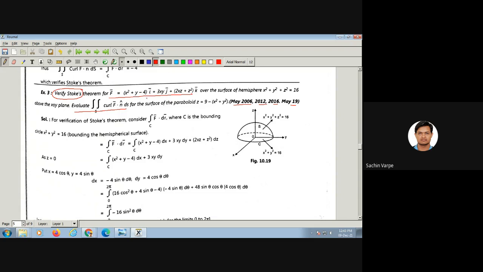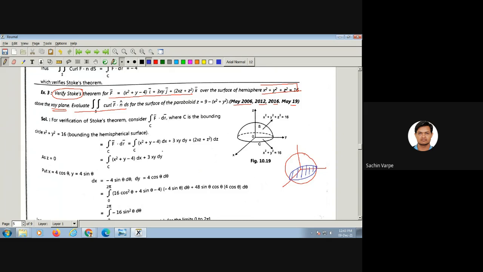So we have given f bar over the surface of a hemisphere, right? A half sphere above the XOY plane. If you remember, this is a sphere with center at the origin. If we consider a hemisphere above the XOY plane, it will look like this. The bottom surface we consider as an open surface.